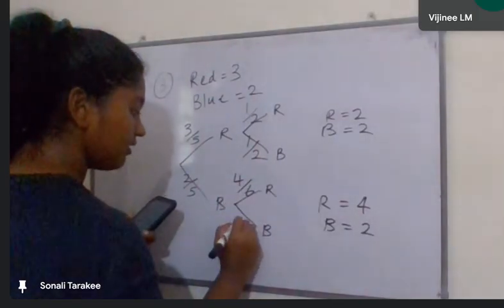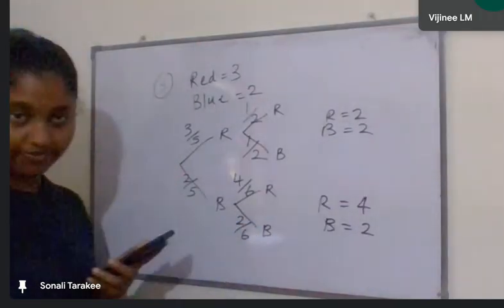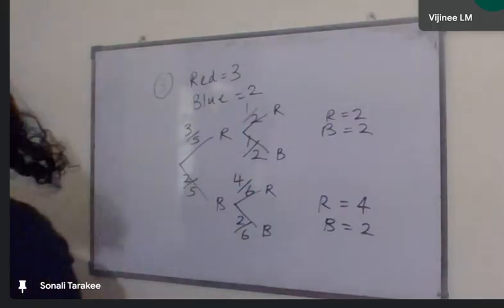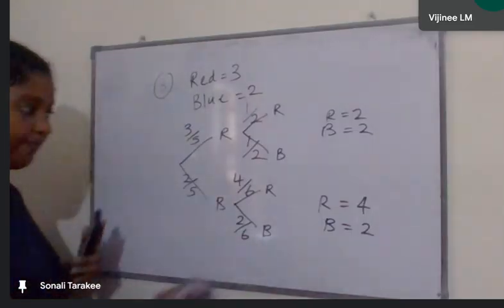So here 4/6, 2/6. Okay, those are the probabilities. If x is the random variable, the number of blue balls drawn, find the probability distribution of x by showing the calculations. Okay, we have to show the probability distribution.